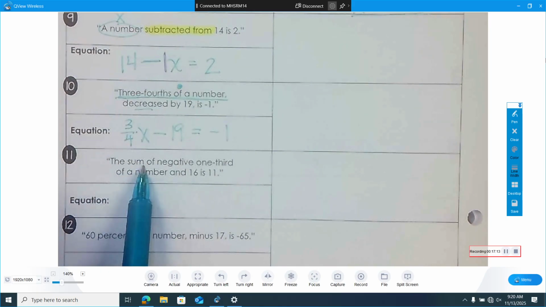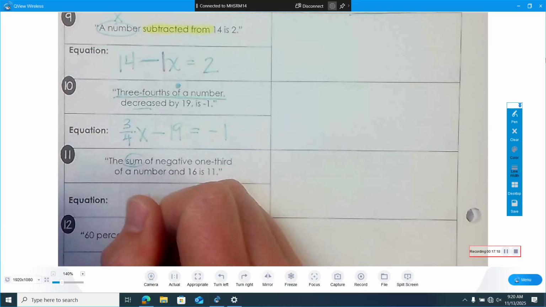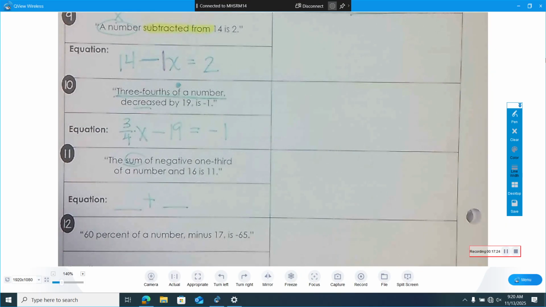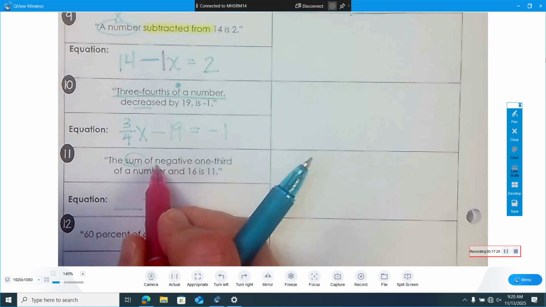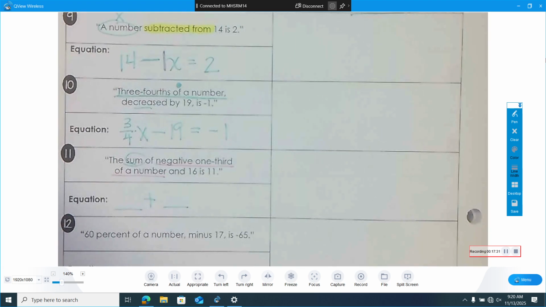Number 11, the sum of, what does sum mean? Add. So we're adding 2 things together. What are we adding together? The sum of negative 1/3 of a number. What should we write for negative 1/3 of a number? Negative 1/3 x.